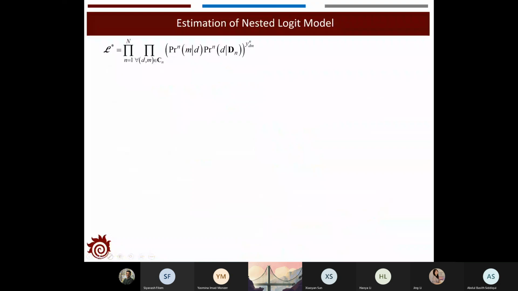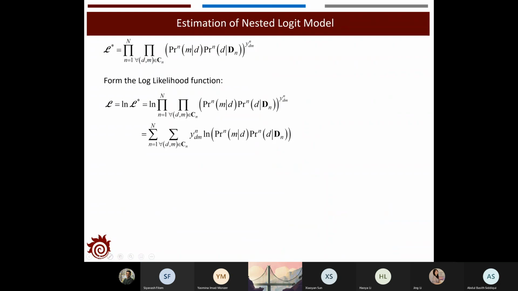So this is the likelihood function, and we know that it's very complicated. So we have to find a way to simplify the maximization problem. To do that, we will do the log transformation to find the log likelihood function, and change the product sign to the summation sign. And also the probability can be written as the summation of the two log probabilities.